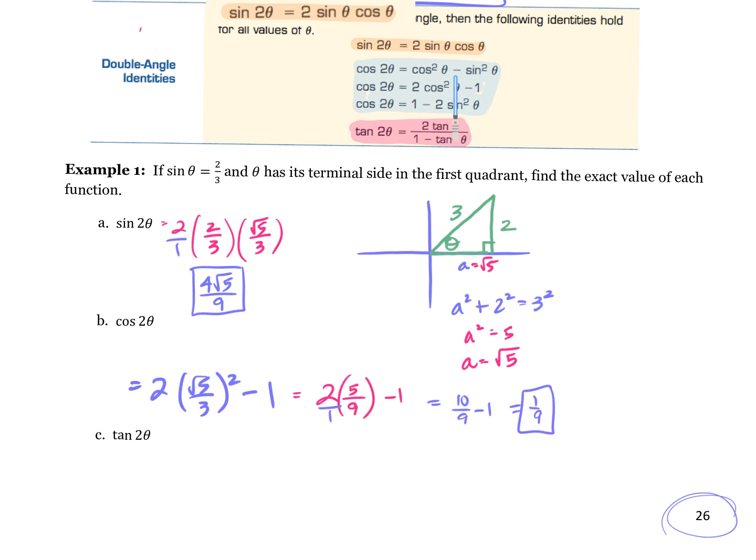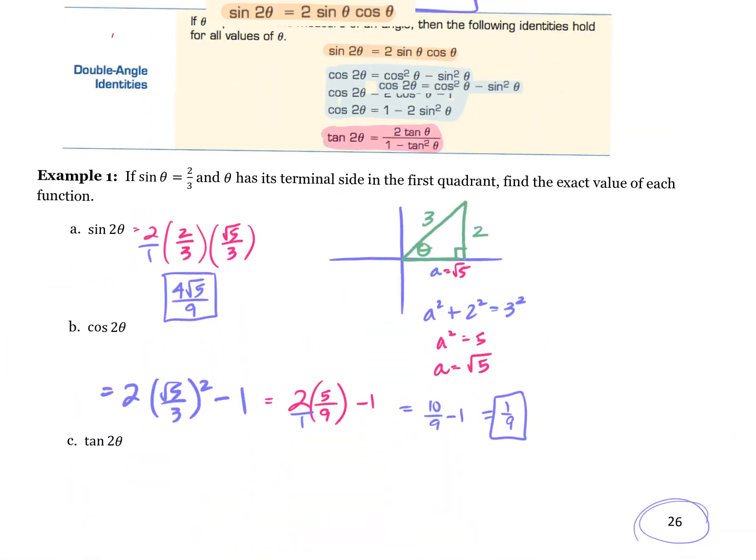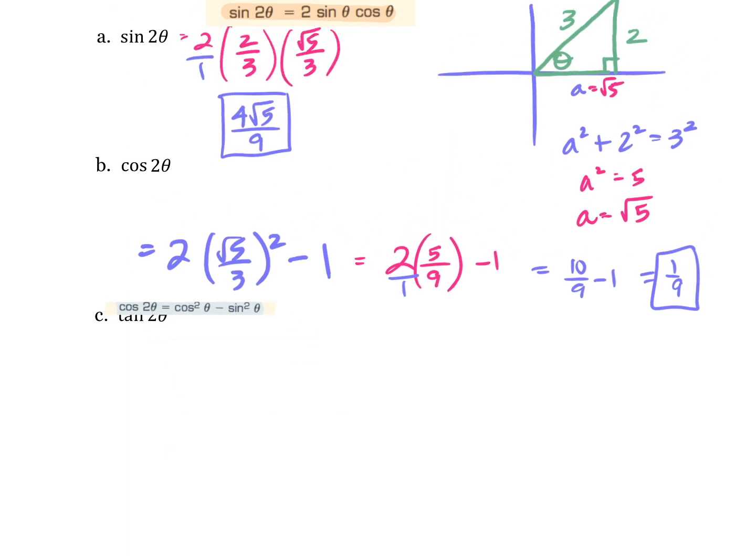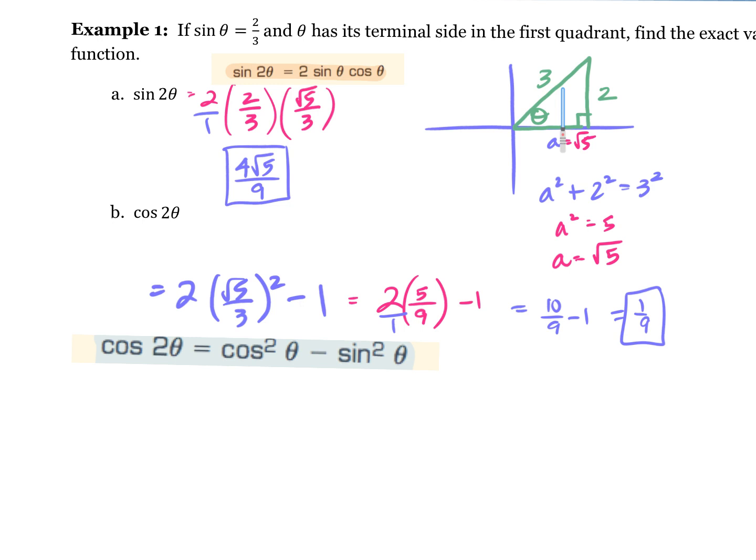Let me just show you another way. What if we did the first one, just cosine squared minus sine squared? Graham, tune in. Cosine squared minus sine squared for the same problem. You don't have to write this down. Cosine is adjacent over hypotenuse, which is root 5 over 3. Square it, minus the sine squared.